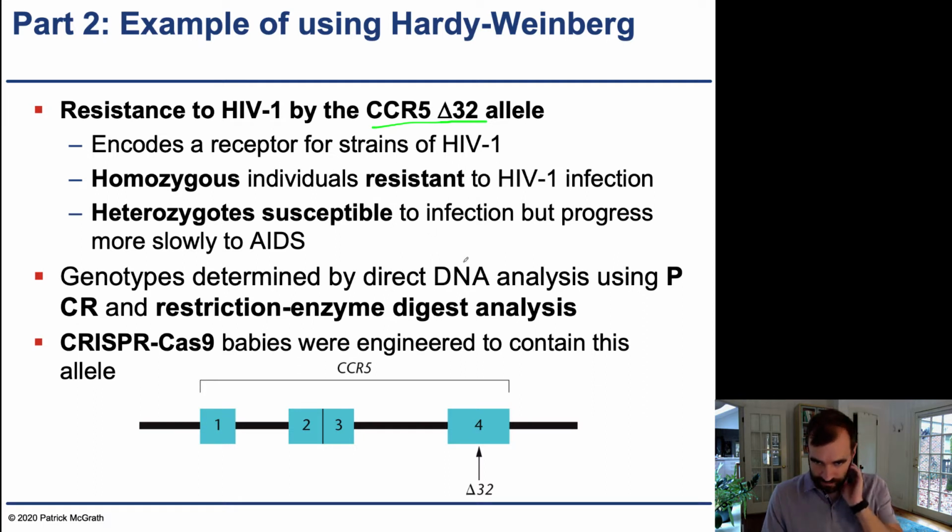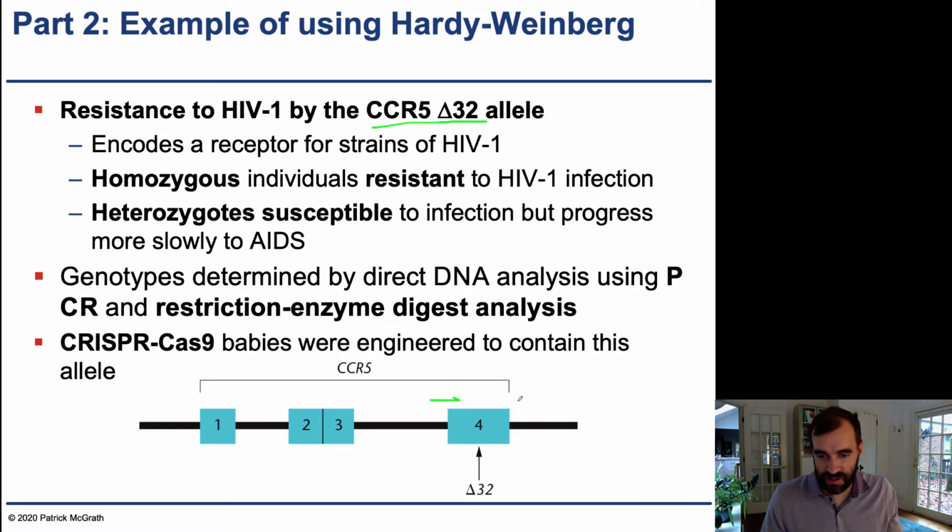This is a deletion of either 32 base pairs or 32 amino acids, and this deletion prevents the HIV from binding to it. You can determine the genotype of an individual just by using PCR and restriction enzyme digest analysis.